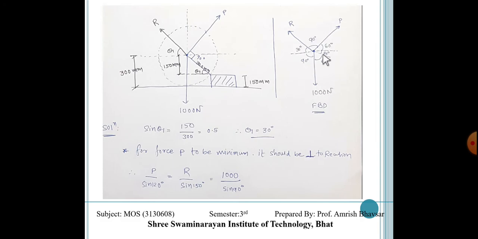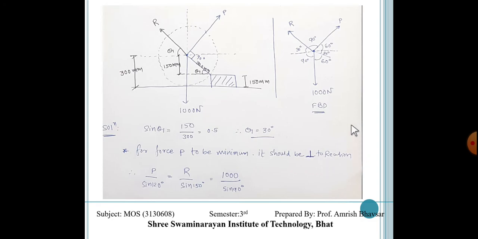So from this figure we can take the equation like P upon sine 120 is equal to R upon sine 150 is equal to 1000 upon sine 90. Now we can calculate the unknown force P and reaction. But here one important note: for the force to be minimum, it should be perpendicular to reaction.